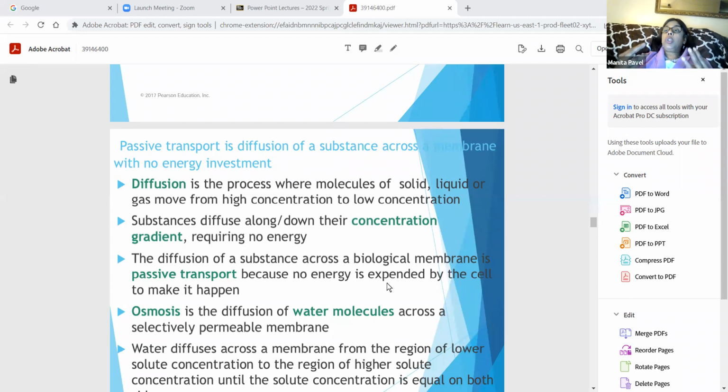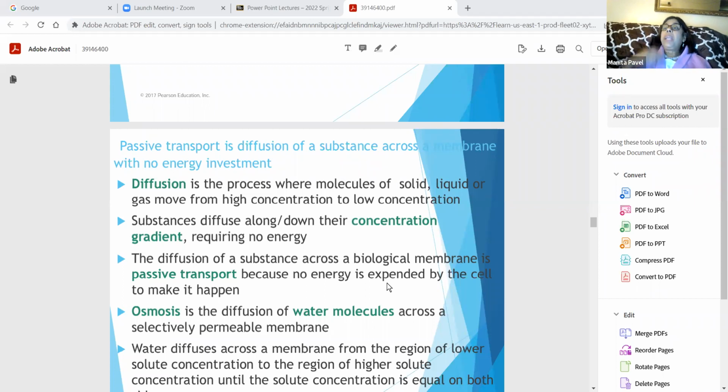So the three keywords in passive transport are: high concentration to low concentration, along or down a gradient, and no energy required for the movement. Passive transport is of three types: diffusion, osmosis, and facilitated diffusion.